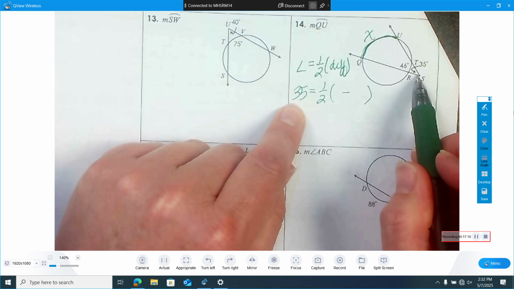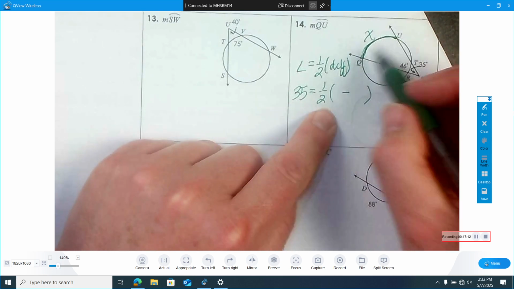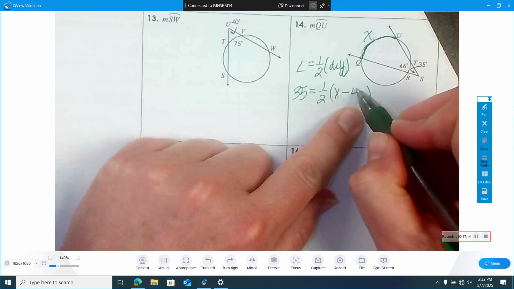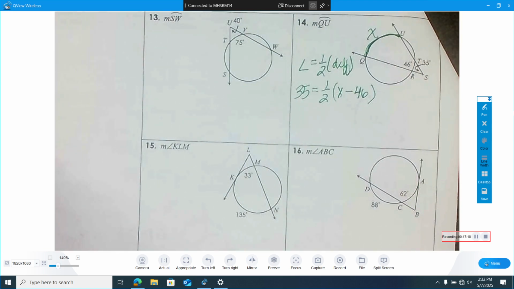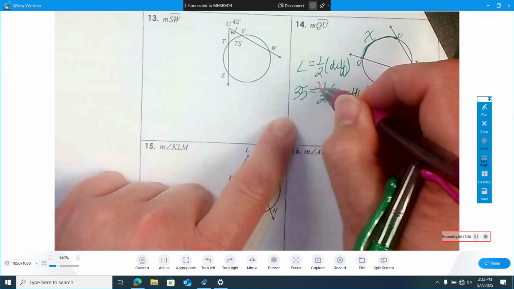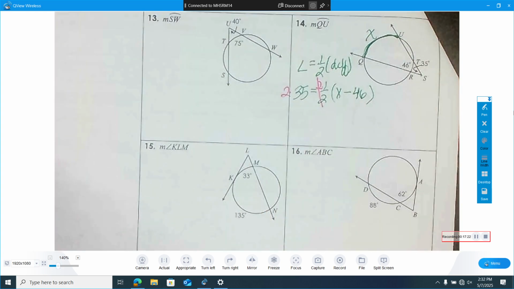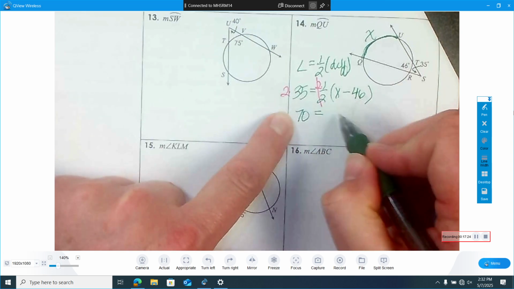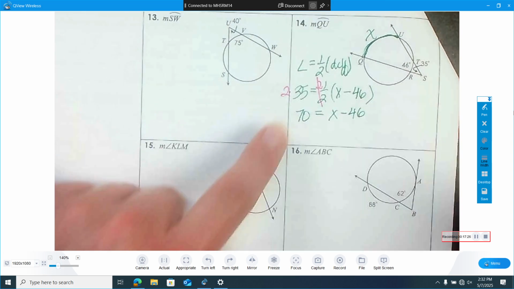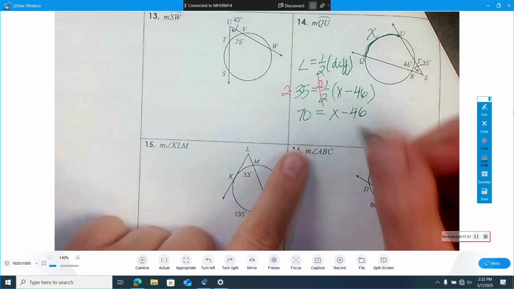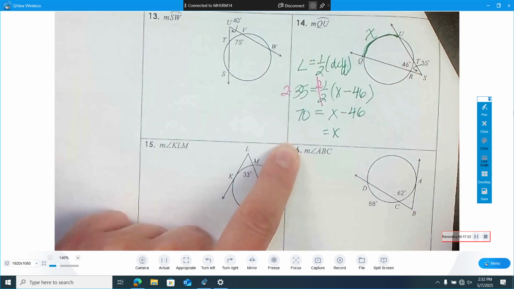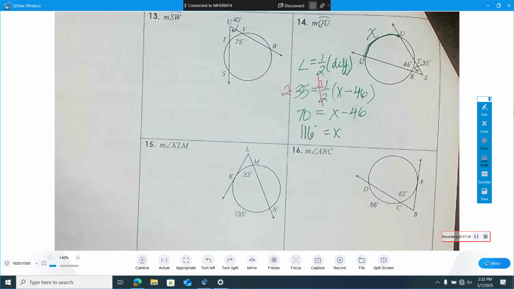So 35 is my angle measure. It's going to be half of x minus 46. How do you want to deal with the 1/2? Times by 2 on both sides, so it goes away. So we get 70 equals x minus 46. And then we need to add 46. Good. So we get 116. Beautiful. Questions on that one?